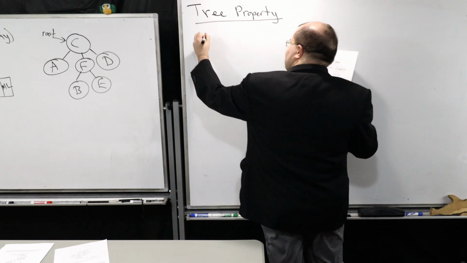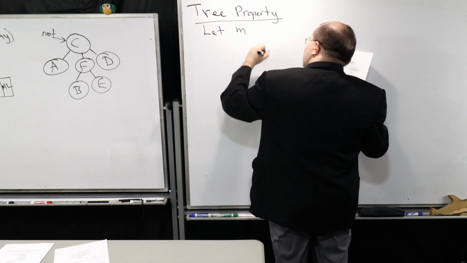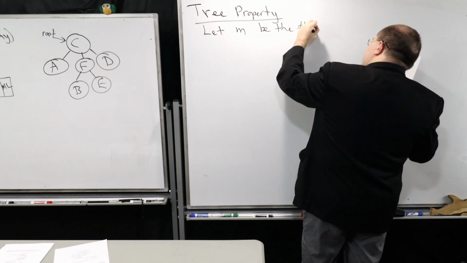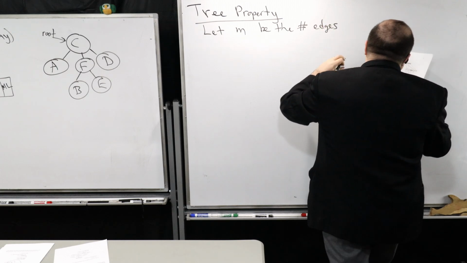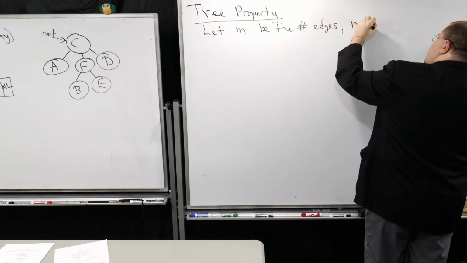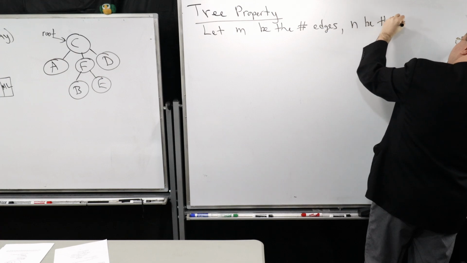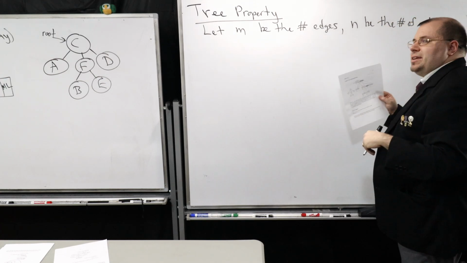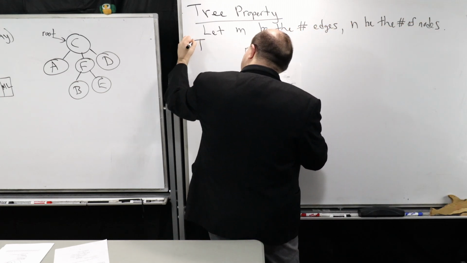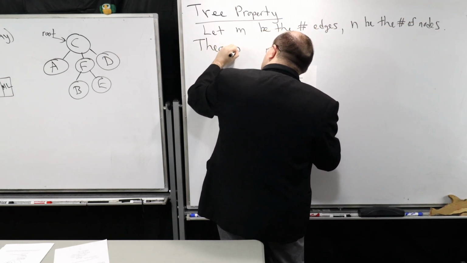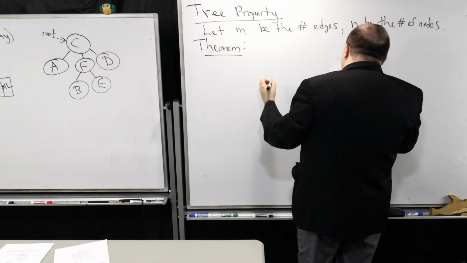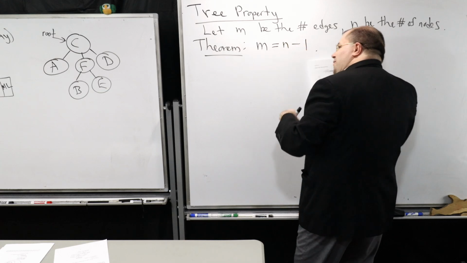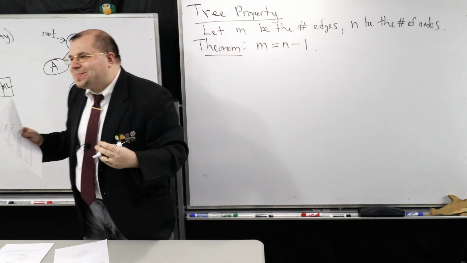I'm going to let M be the number of edges and N be the number of nodes. And here's a theorem. Is that the number of edges is always 1 less than the number of vertices or nodes.